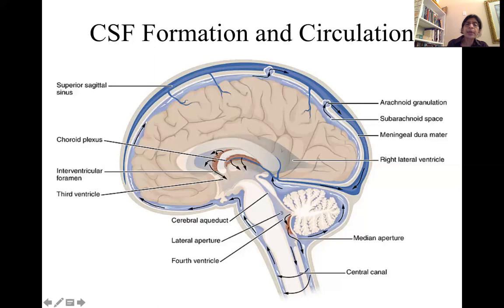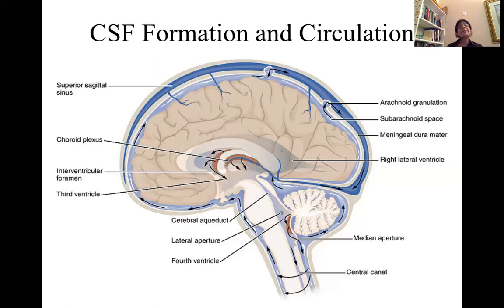The arrow shows the arrival of plasma from the capillary into this space. So cerebrospinal fluid, CSF, is simply a collection of plasma, the trapping of plasma, extraction of plasma into the ventricle.